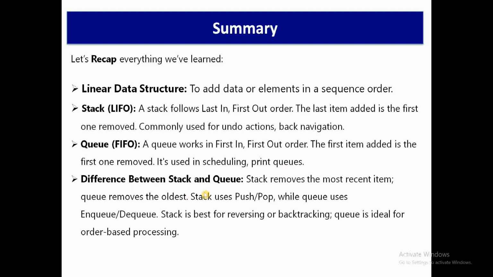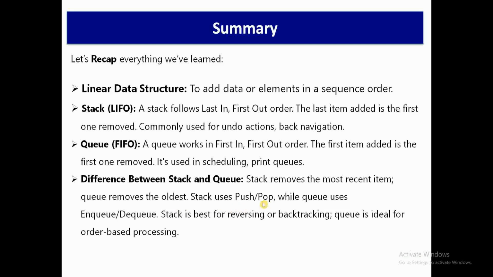Difference between stack and queue. Stack removes the most recent item. In a stack, the recent item which we added to the list is first accessible, and if we want to remove it, then the last element on the top is removed from the list. Queue removes the oldest, meaning whatever value we added first is first accessible, and if we want to remove it, then the first value will be removed from the list.